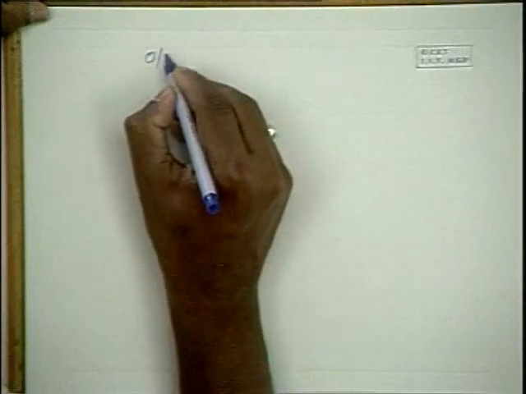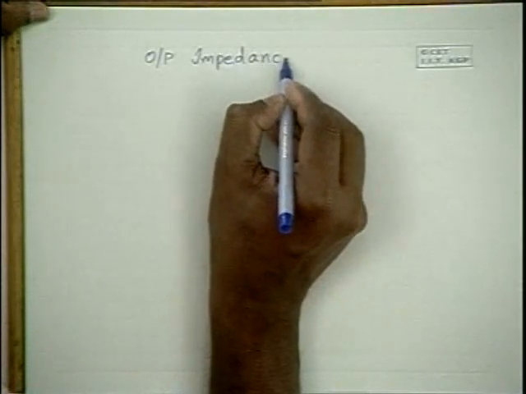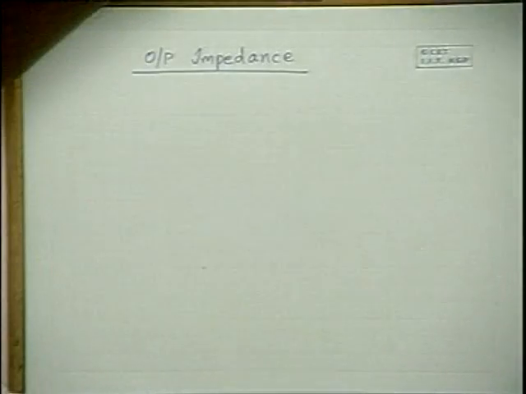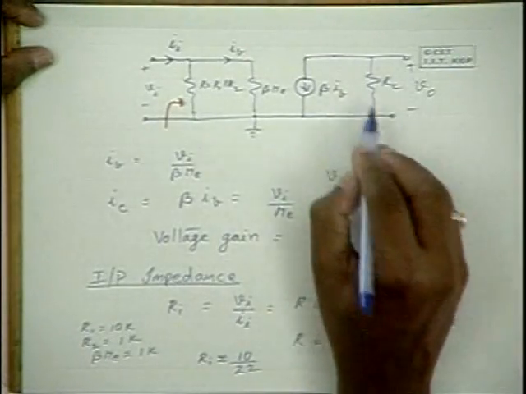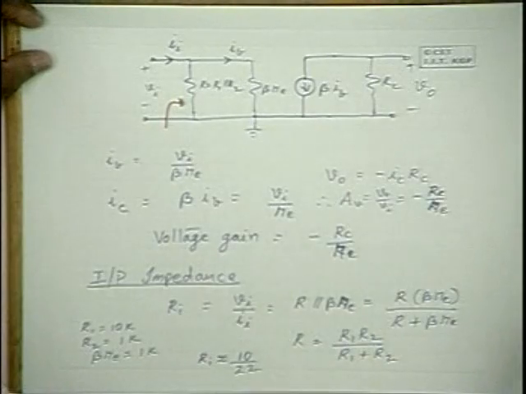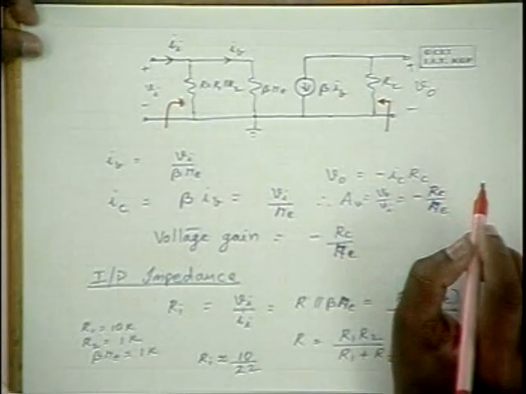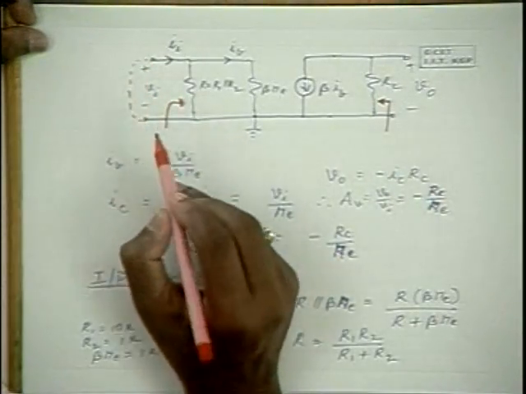Now let us discuss the output impedance. Bringing in the same equivalent circuit, this is the output side. What is the impedance looking into the terminals when the input is replaced by a short circuit?